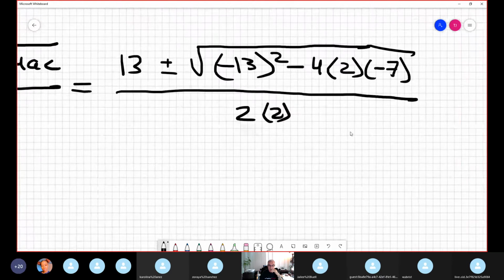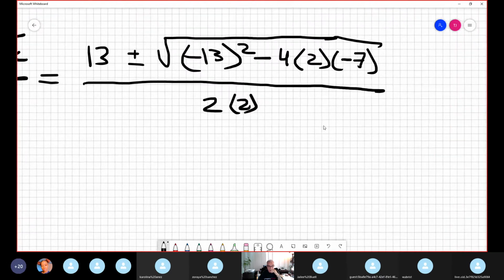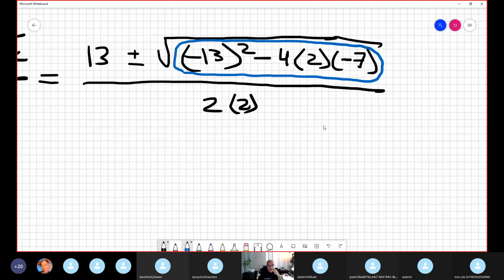Okay, ready? I know very well that according to the order of operations, we do the operation inside the radical first. So I put in my calculator 13 squared is 169 positive. Double negative becomes positive.